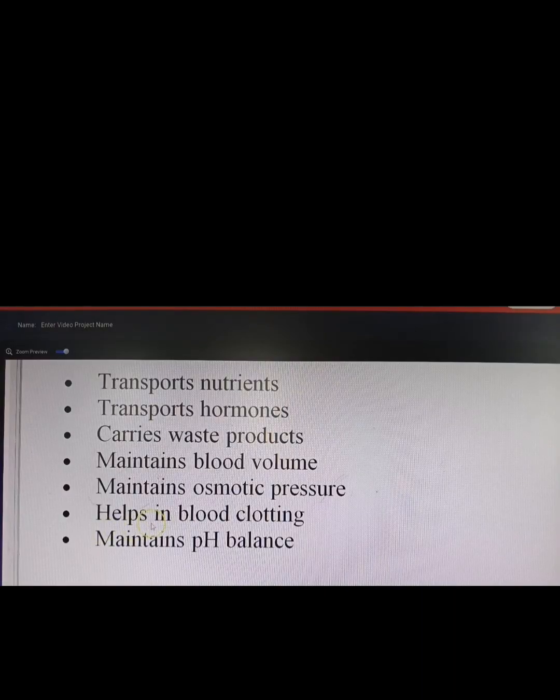Sixth one is helps in blood clotting. Plasma contains clotting factors such as fibrinogen and prothrombin that stop bleeding after an injury. Seventh one, maintains pH balance, around 7.35 to 7.45.